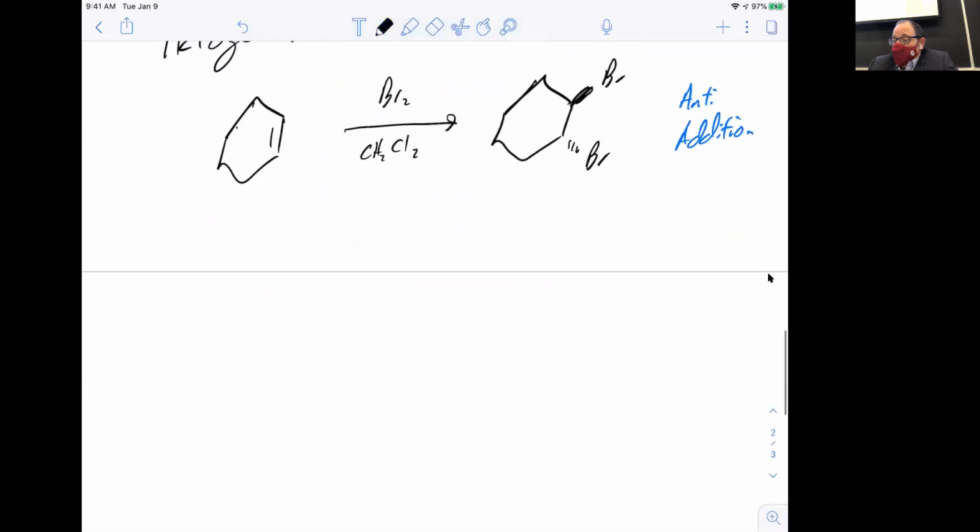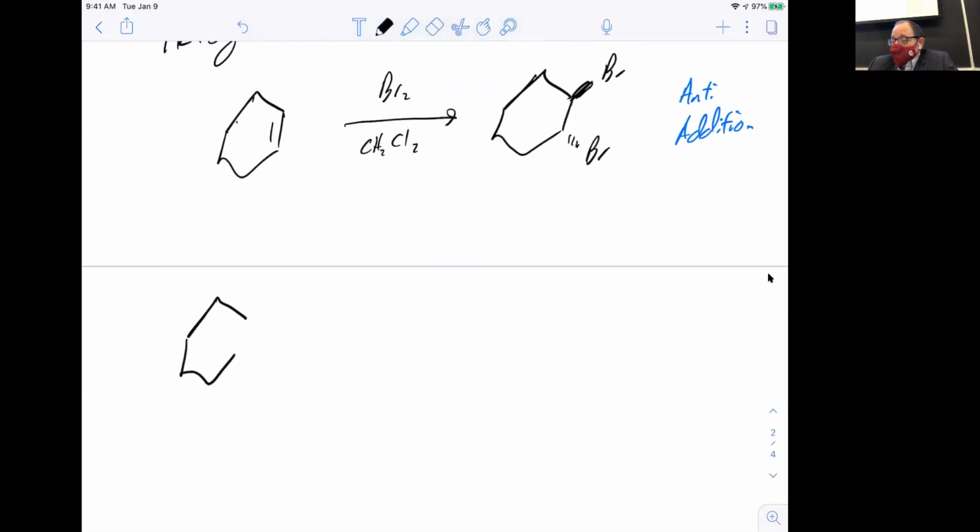When we look at the mechanism, it is somewhat similar to what we saw with the mercury. We have the nucleophile attacking the electrophile. Why is the bromine electrophilic? This is an instantaneous dipole situation. Bromine is very electronegative.